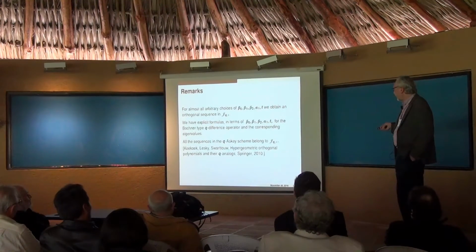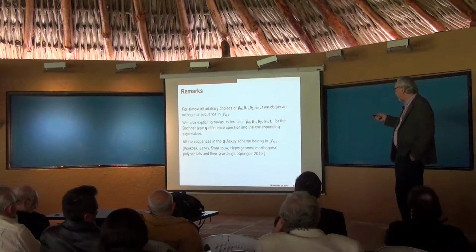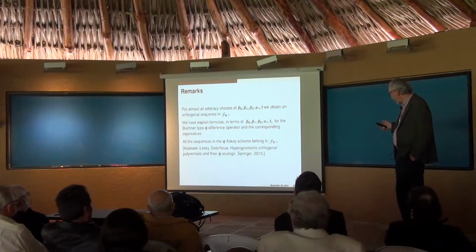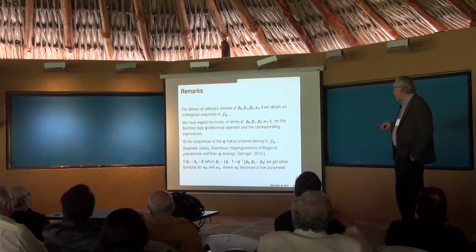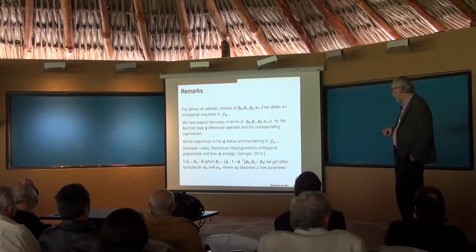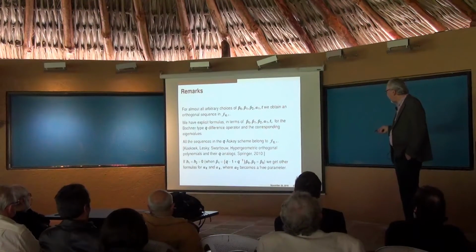And we checked all the elements in all the sequences in the Askey scheme, and they can be obtained by giving values to the initial terms. Well, we can also deal with the examples that satisfy the equation on the quadratic lattice. They also are obtained this way.